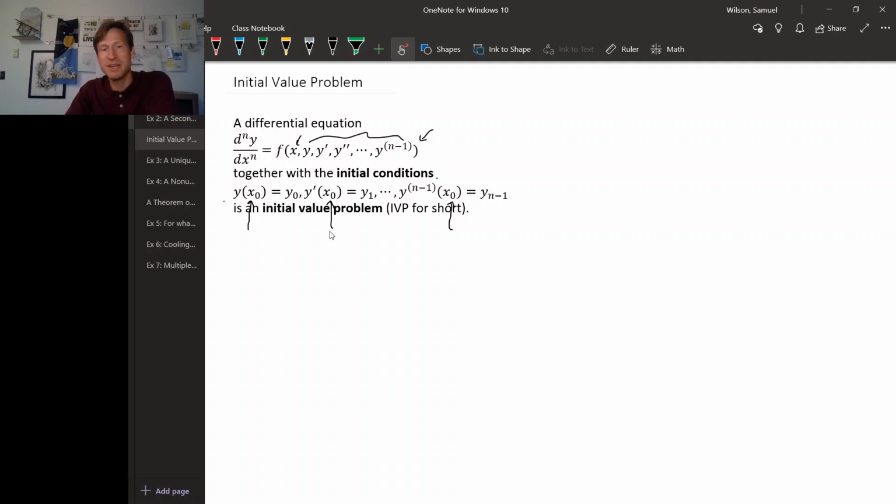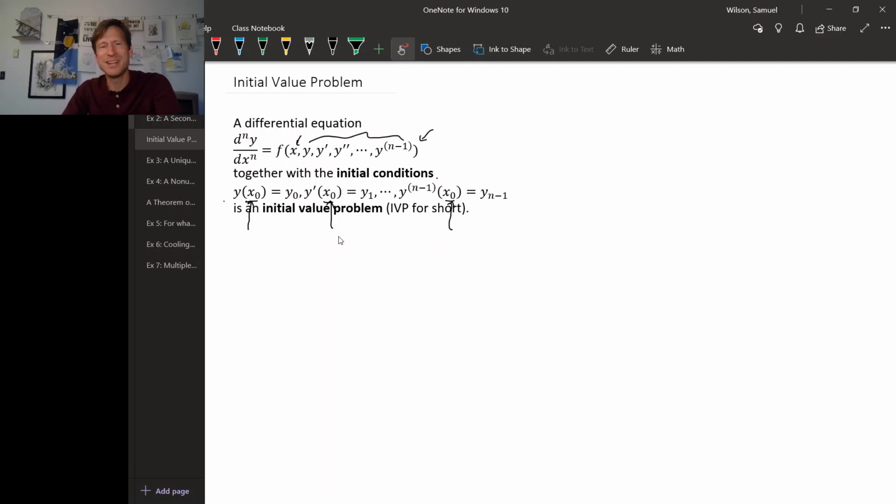And so what you're specifying here is y at some initial time and y prime at some initial time and so on. So what you're really describing is the complete state of this system at an initial time. So it makes sense that we require all of these x values for our initial conditions to be the same x value.